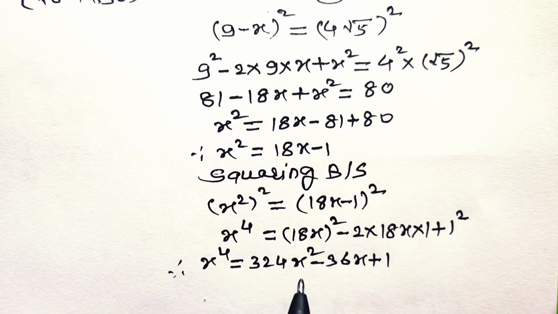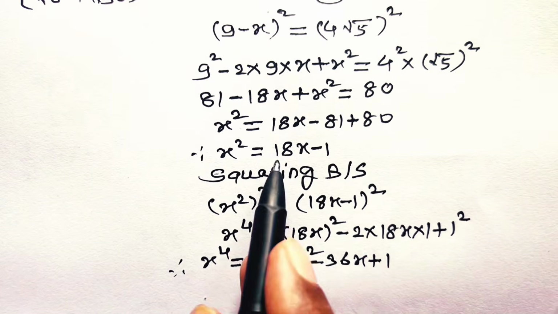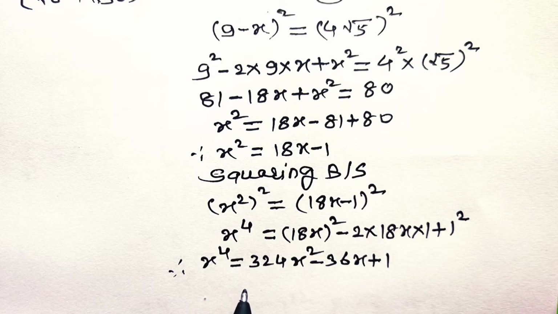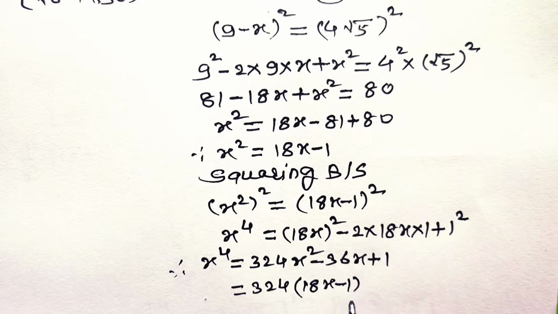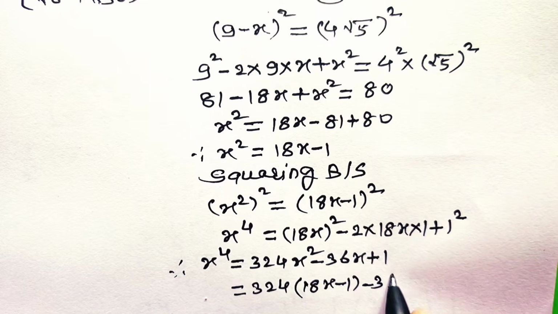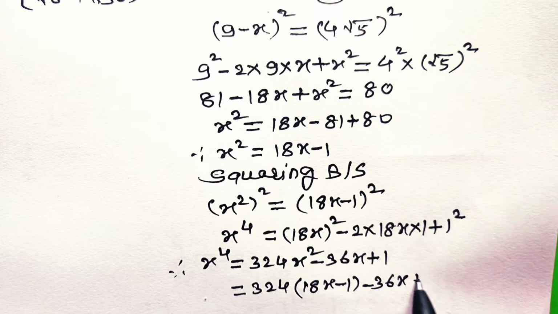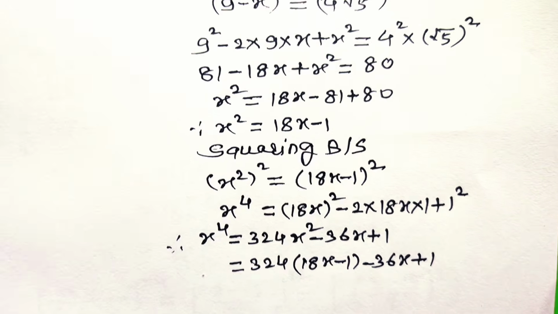Now replace this x square by this value. So this is equal to 324 into (18x minus 1), and then the remaining terms as they are, minus 36x plus 1. Simplify again.